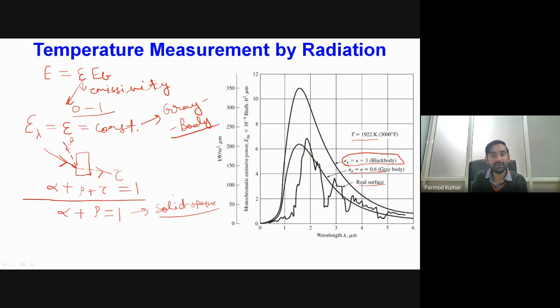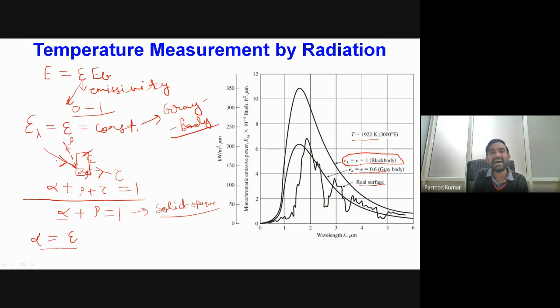Now, one important point we have to consider is that if our surface is in thermal equilibrium with its surroundings, then the value of the absorption coefficient alpha is equal to the emissivity of that surface. If the surface is in thermal equilibrium with its surroundings, it means the temperature of the surface is not changing.